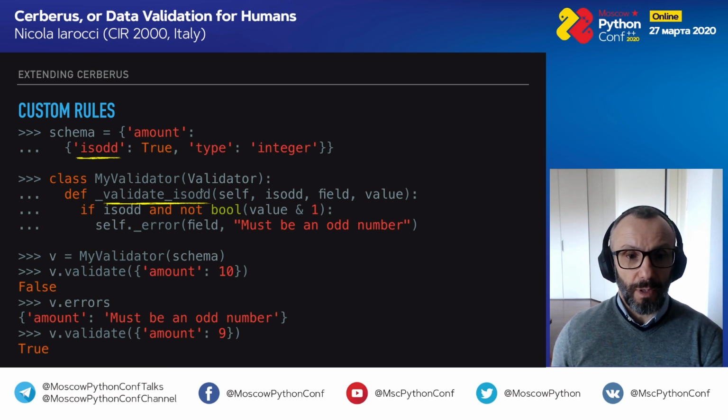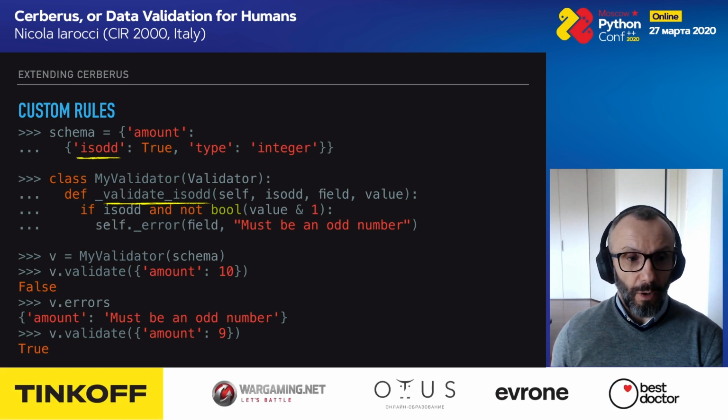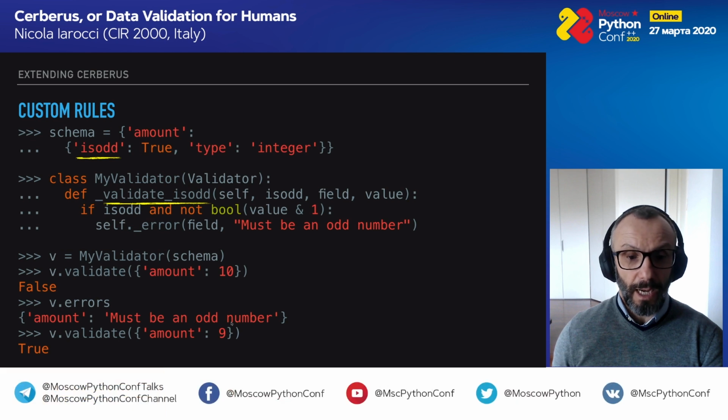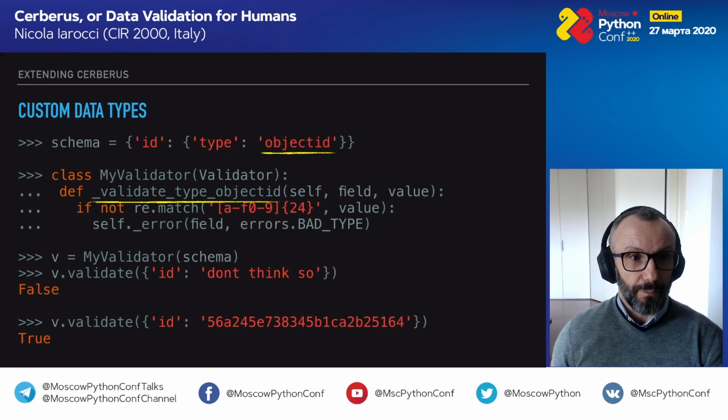Underscore validate, underscore name of the rule, here odd. We apply our own logic within the method, and then we can instantiate our custom validator, and in this case amount with a value of 10 is not valid because amount must be an odd number. So our rule here is functioning.